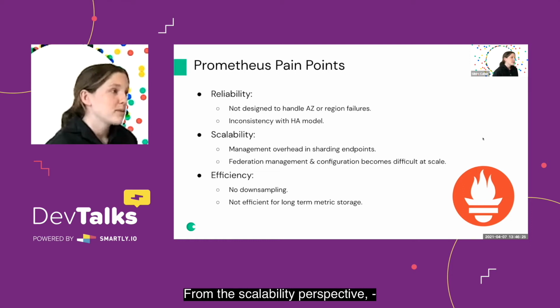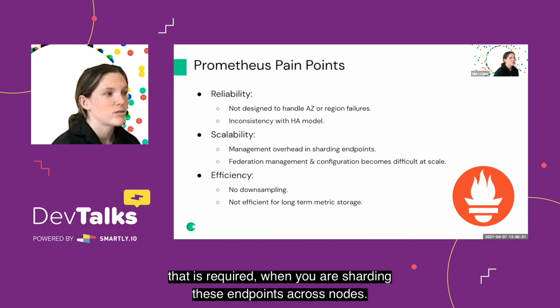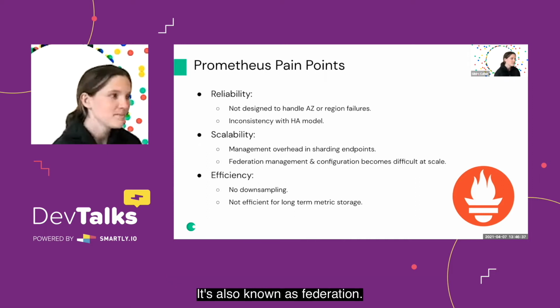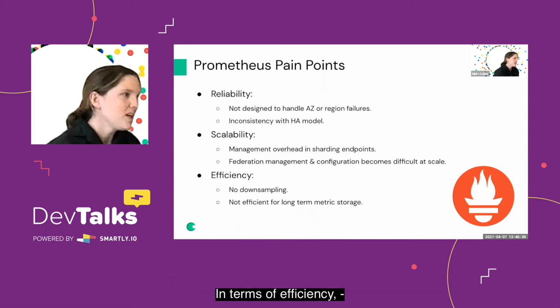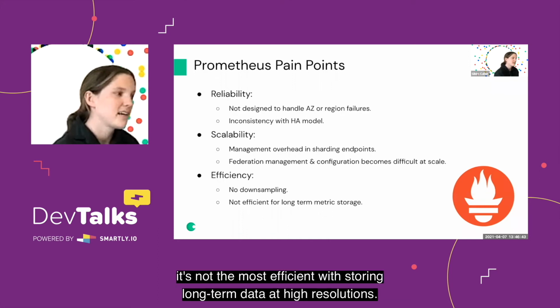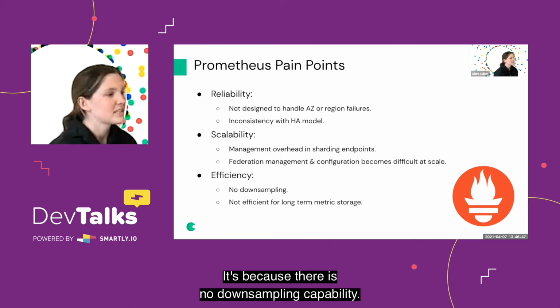From a scalability perspective, we talked about the management overhead required when you are continuously sharding these endpoints across nodes, also known as federation. And then in terms of efficiency, as we just discussed, it's not the most efficient when storing longer term data at higher resolutions, and that's because there is no downsampling capability.